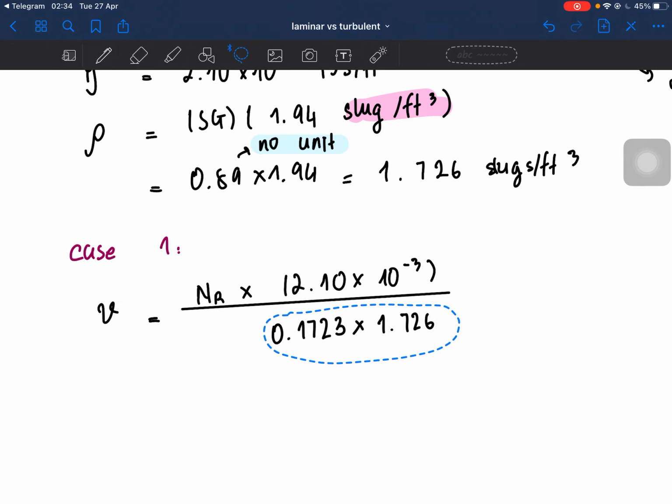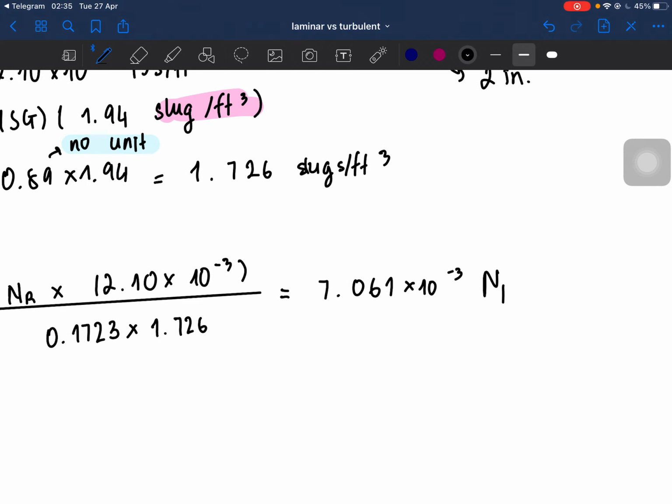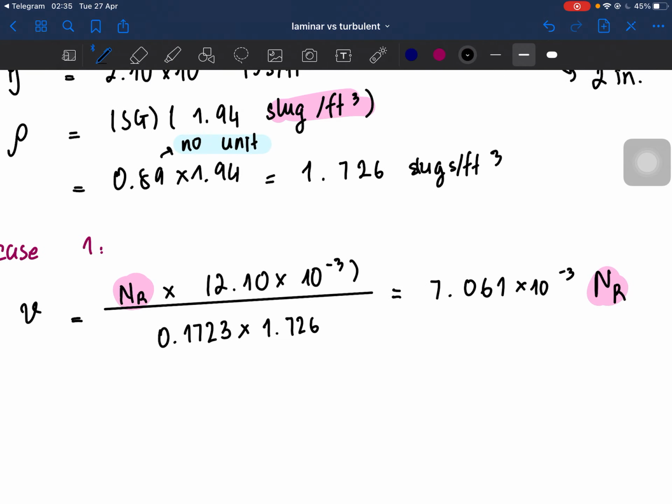This is the diameter and this is the density, equals to 2.1 times 10 to the minus 3 over 0.1728 times 1.26. The answer is 7.061 times 10 to the minus 3, and NR, because this is the parameter that is left over here, it's not calculated yet.